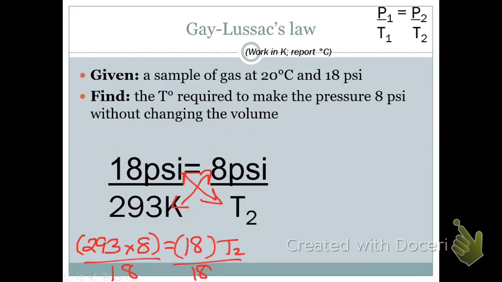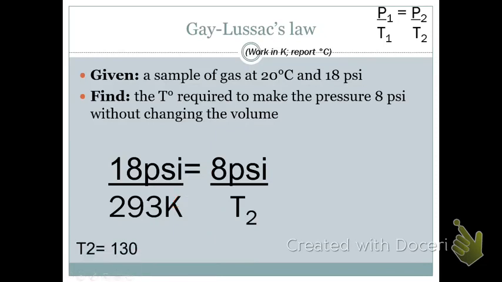And once you press the equal sign, you should get 130 for your temperature if you round it. But this is, remember, in K. So I'm going to have to subtract 273 in order to get my degrees Celsius. So go ahead and do that subtraction.